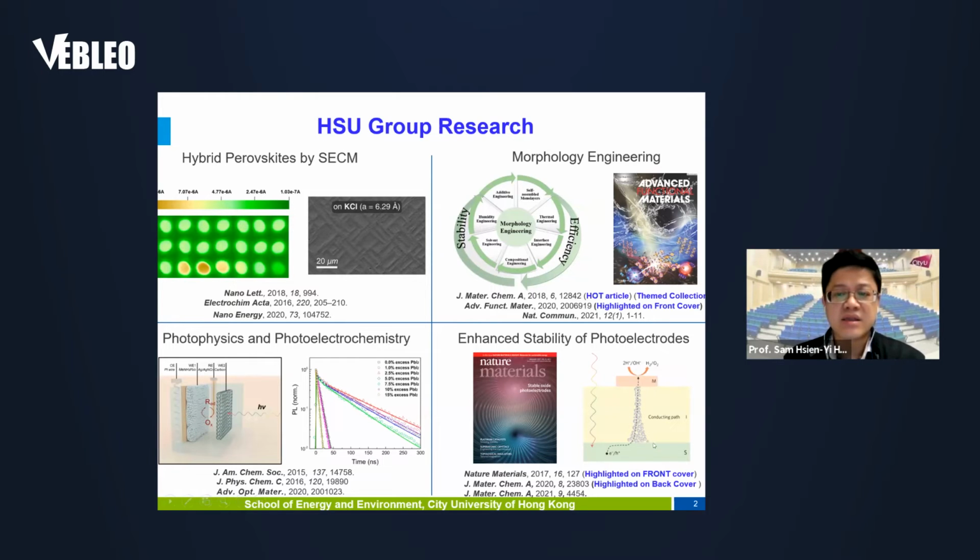Why is this MIS photoelectrode important? For example, we generally use silicon as the semiconductor. However, silicon is easily oxidized to produce silicon dioxide.